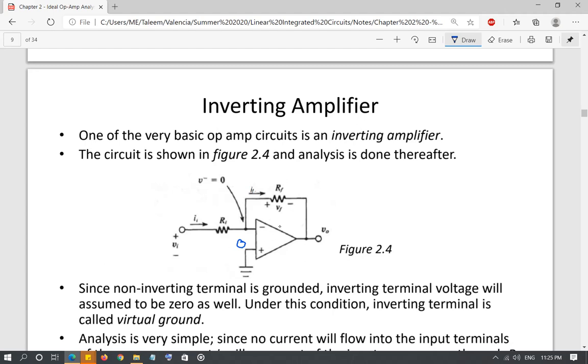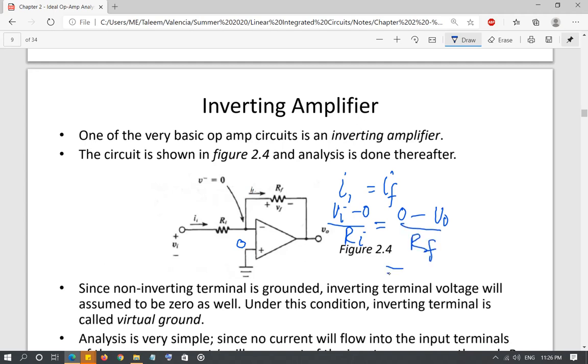So if you do the analysis on this circuit and apply KCL at the virtual ground, you have I1 equals IF, or I input equals IF. Now apply Ohm's law: V input minus 0 over R input is equal to IF, which is 0 minus V output over RF.